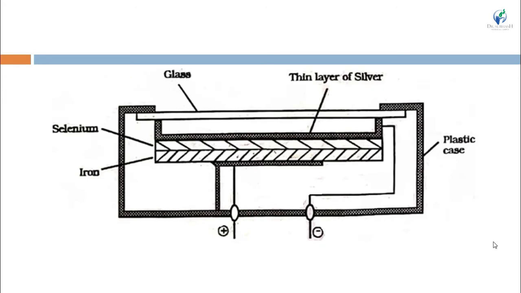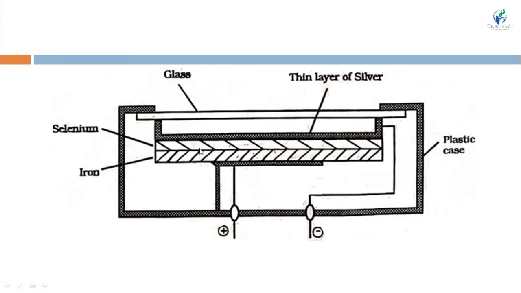This photovoltaic cell or barrier layer cell is made up of two electrodes. See here. First is iron or aluminium. Means the base plate, metal plate made up of either iron or aluminium acts as one electrode, and upon this electrode, the layer of semiconductor material, selenium, is deposited.